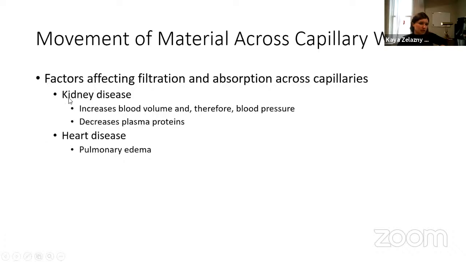Kidney disease affects blood volume, because the kidneys regulate how much water goes into our urine, so how much water you're losing. If that system isn't working properly and you retain too much water, this increases blood volume. An increase in blood volume means an increase in blood pressure, which we'll look at in some detail later.